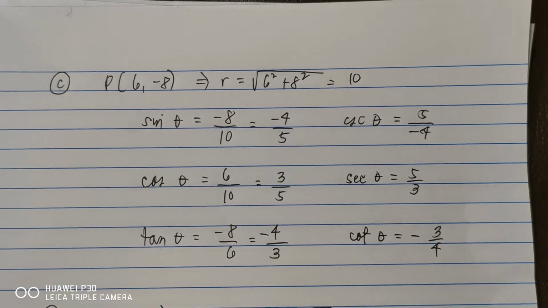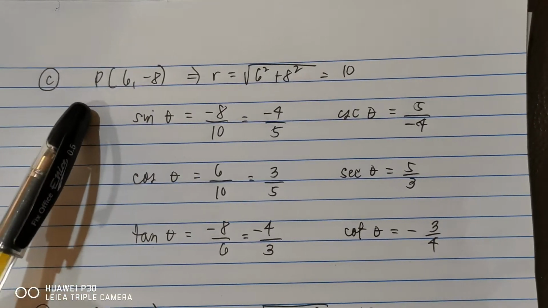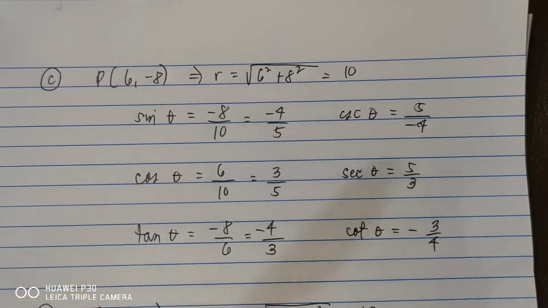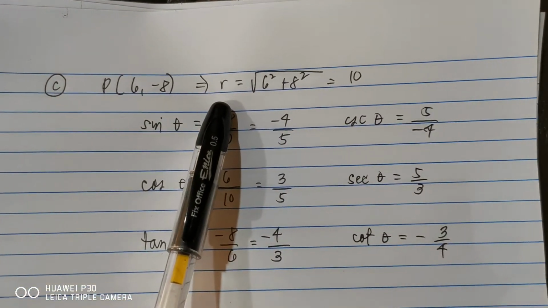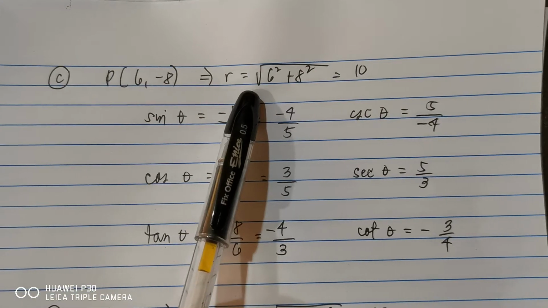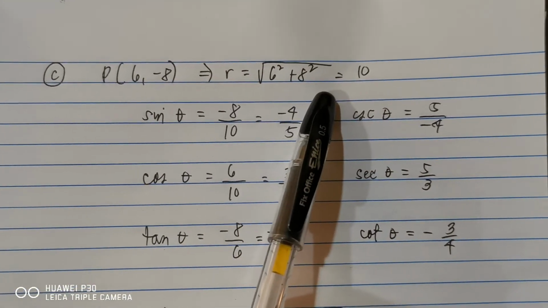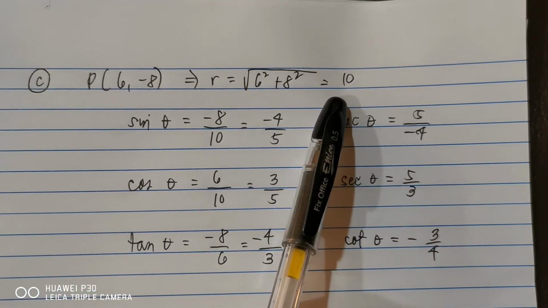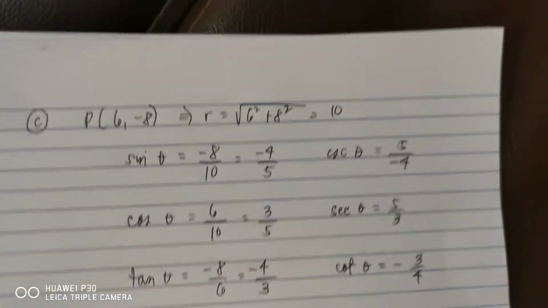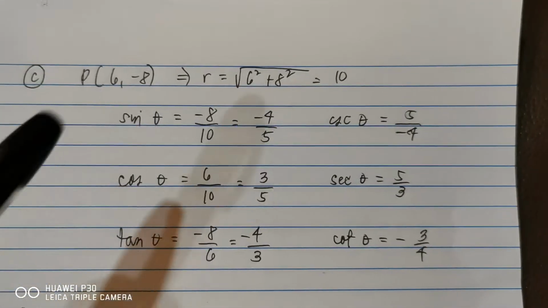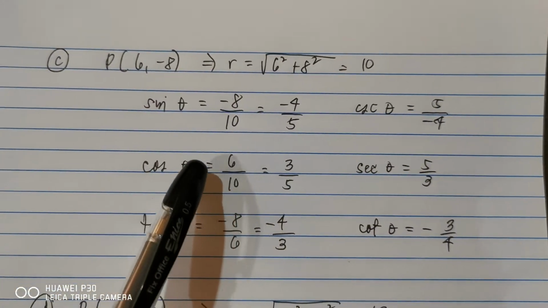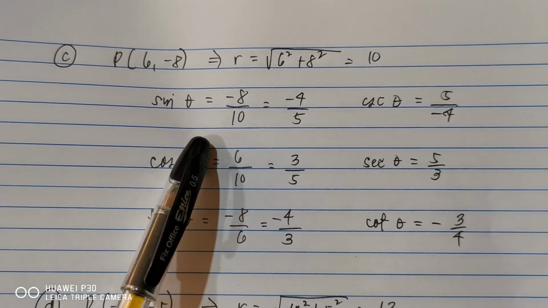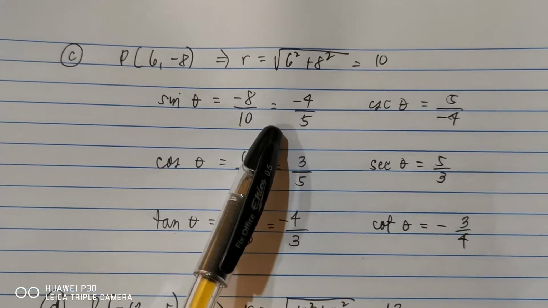Letter C, we have P of (6, -8). So our radius, or r, is the square root of 6 squared plus 8 squared, which is, using our scientific calculator, equal to 10. So sine theta is y over r. Y is negative 8, r is 10. So we have negative 8 over 10, or negative 4 over 5 when simplified.